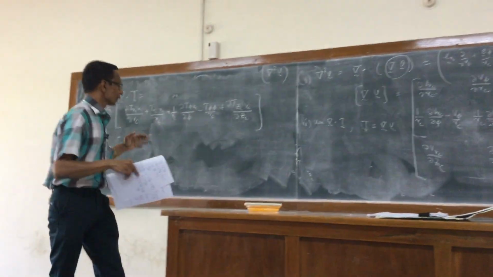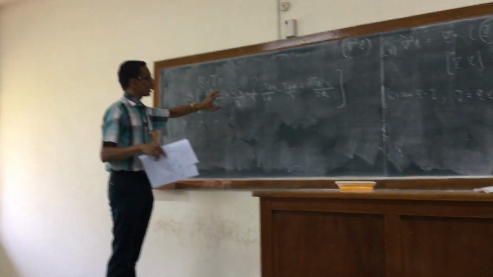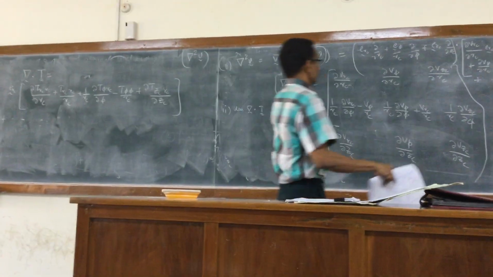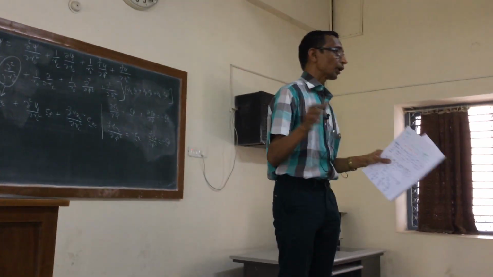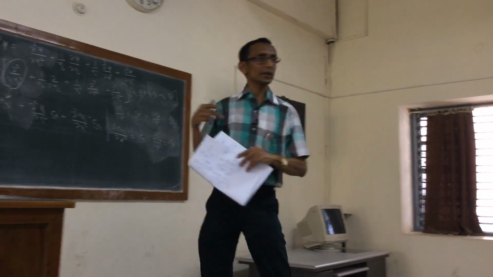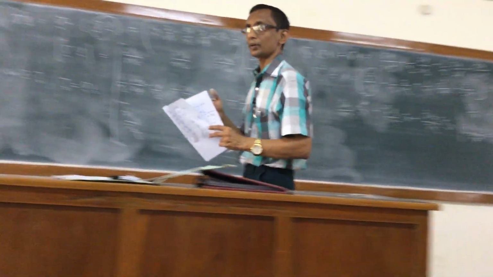So the advantage of this method is that, if you see, in this method as well as in that method, you will get all these components jumbled up. Finally it's a vector, right? So we get all the components jumbled up and have to assemble them together.